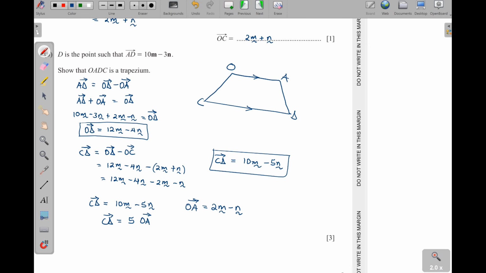Okay? These are scalar multiples, because when you multiply this one by 5, you get this one here, you see? So that means our trapezium is supposed to look like that. So I'll say CD is parallel to OA. Therefore, OADC is a trapezium.